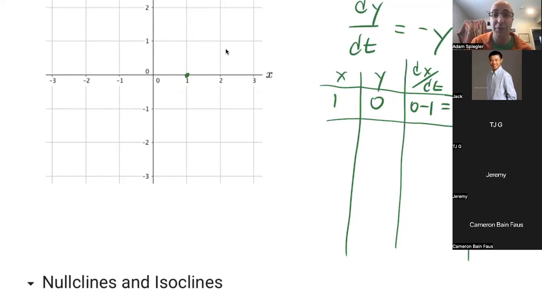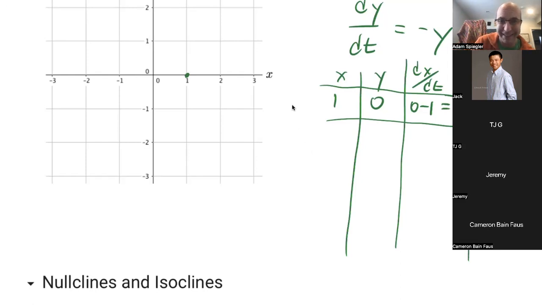Just want to make sure everybody is following along. Did you guys miss the question? What would the vector that I'm going to draw at (1, 0) look like if we figured out that dx/dt is minus 1 and dy/dt is 0?